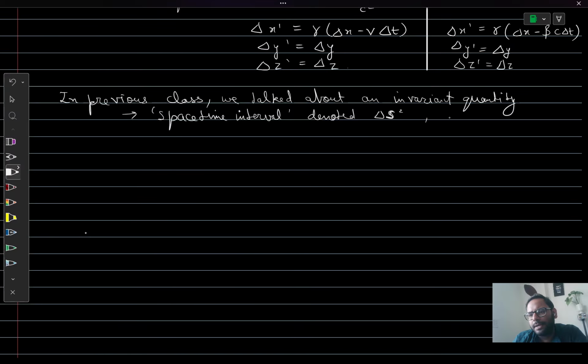We can take it as ds squared if we are considering the infinitesimal one.